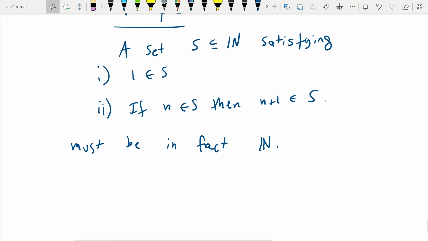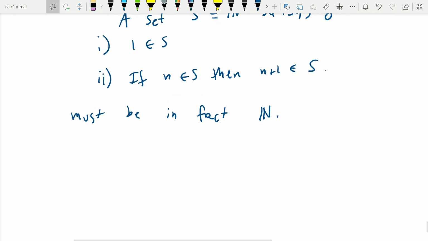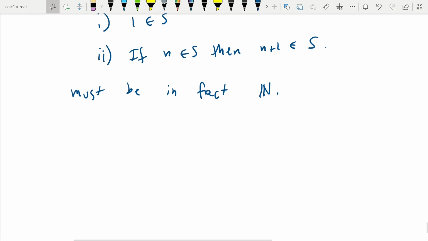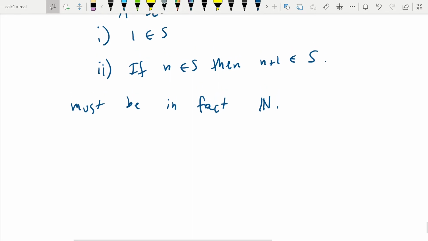So if we are able to prove that our set contains 1, and that if n is in there, then n plus 1 is in there, then what have we accomplished?